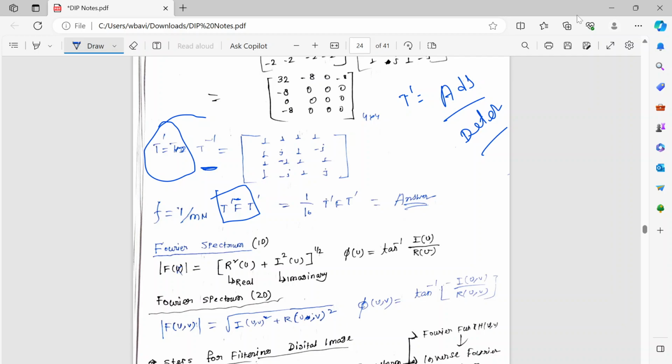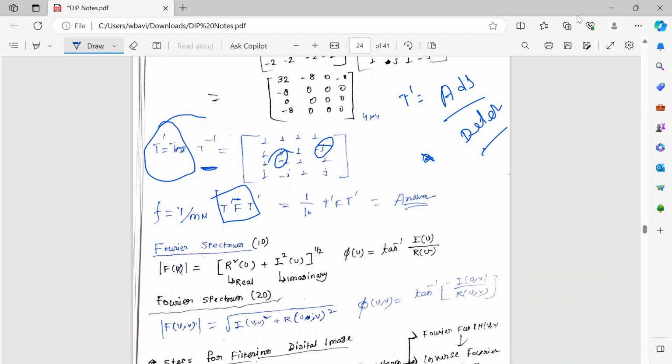And if you write the adjoint, the complex conjugate value should be changed. So this is minus j, this should be j. This is plus j, it should be minus j. So the sign should be changed. And then you should find the determinant. The determinant is always 1 in this case. So you will get the T dash here.